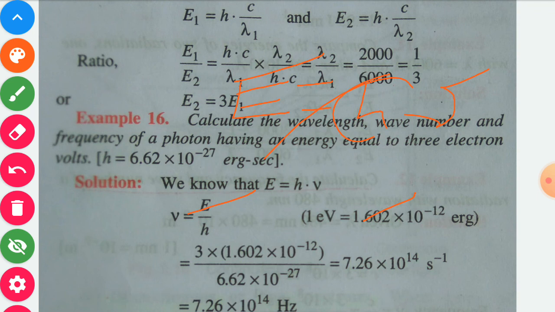Therefore at the place of E we write 3 into 1.602 into 10 power minus 12 upon h value, given in the question, 6.62 into 10 power minus 27. So on solving, it will be 7.26 into 10 power 14 per second, or we may write this as 7.26 into 10 power 14 hertz.